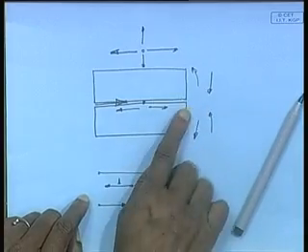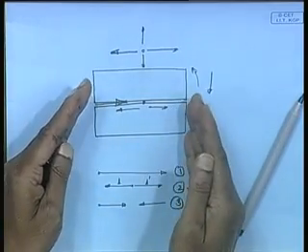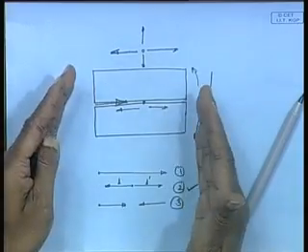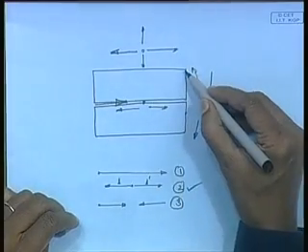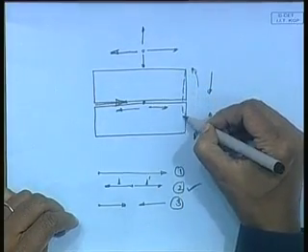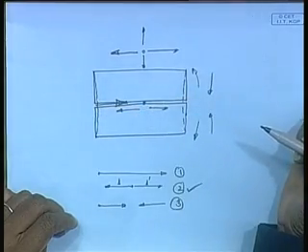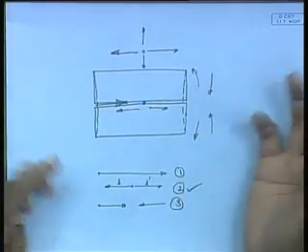So, any kind of shrinkage, essentially it will cause shrinkage. The edges are free, so edges will shrink, and the rest will remain flat.